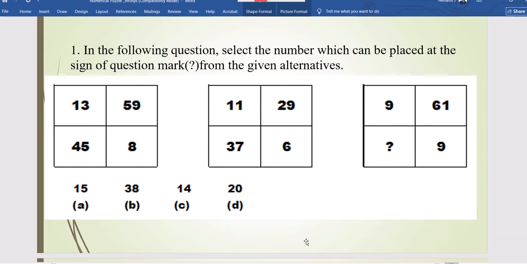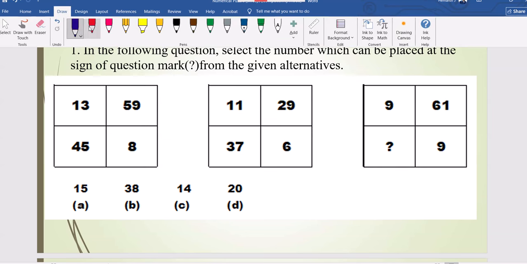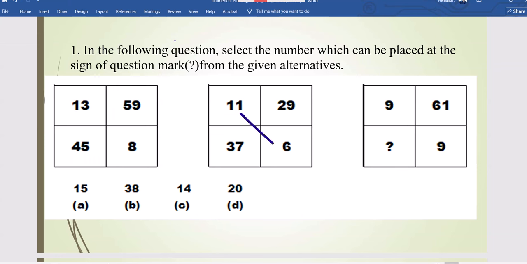Okay, logic. Good. So 11 into 6 is 66. What is 29 plus 37? 29 plus 37 is 66. Same.